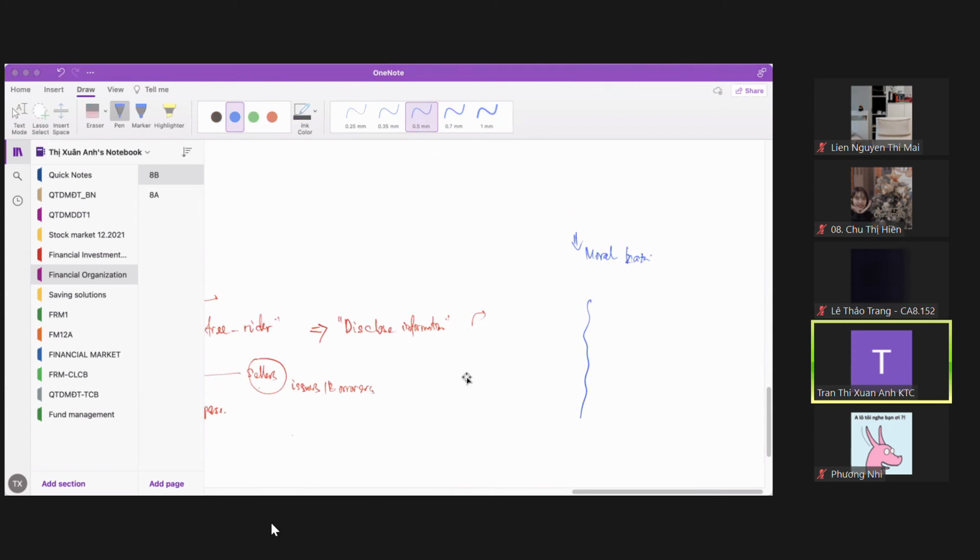The first way is what they call active monitoring. The other one is that they require regulation on information disclosed.